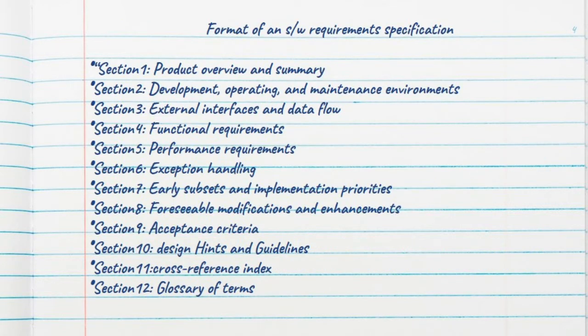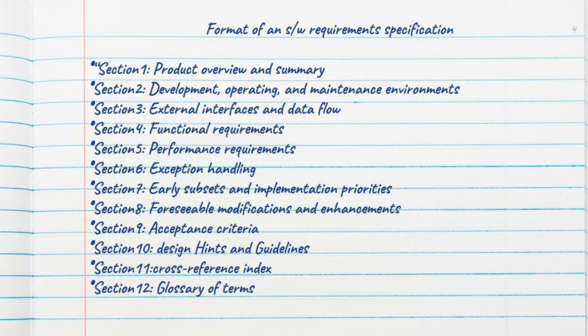Format of a software requirement specification. Section 1. Product overview and summary. Section 2. Development, operating and maintenance environments. Section 3. External interfaces and data flow. Section 4. Functional requirements. Section 5. Performance requirements. Section 6.